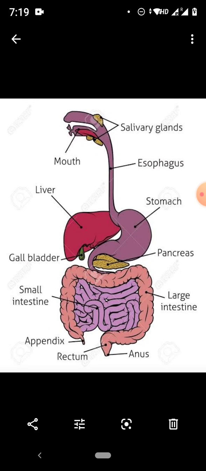They secrete a juice known as saliva, and saliva contains an enzyme, that is salivary amylase, and this salivary amylase helps in converting the starch present in the food you are eating into sugar, as well as moistening the food.